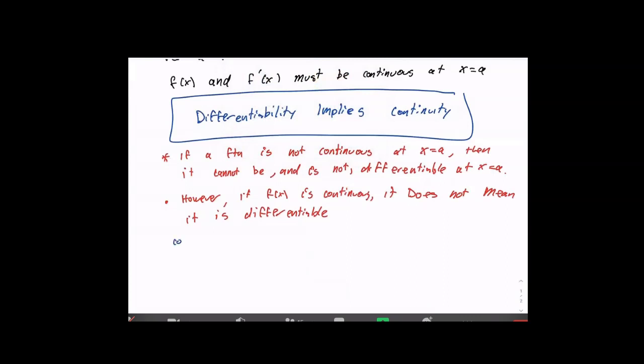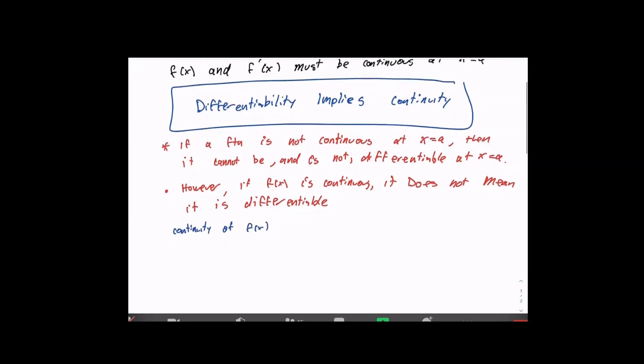First off, continuity of f of x means that the limit as x approaches a from the left-hand side of f of x is equal to the limit as x approaches a from the right-hand side of f of x, which is equal to f of a.